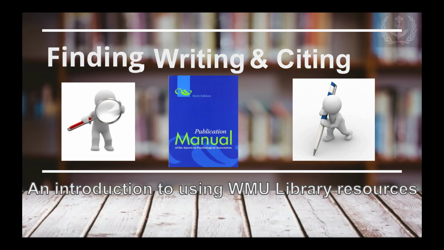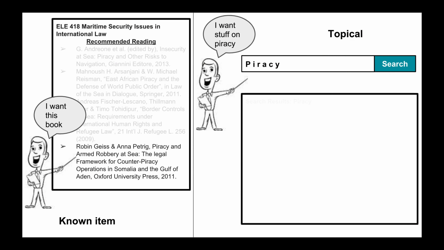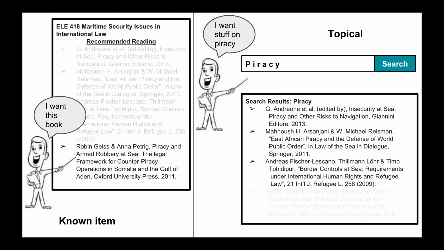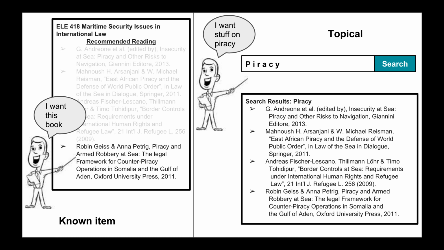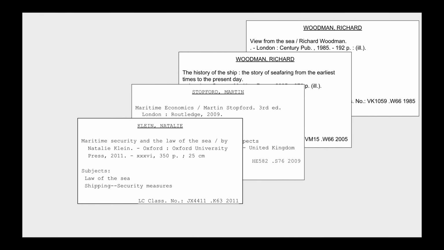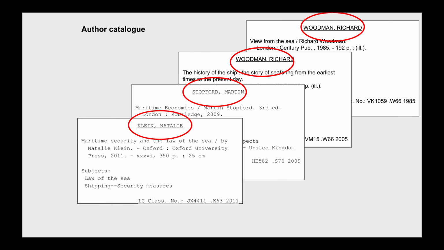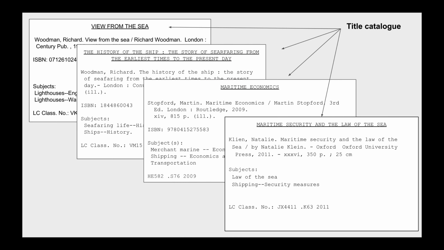In that history, we noted that in the modern era, it is still useful to maintain the old distinction between known item and topical research. Before the computer age, finding known items required knowing the author or the title.